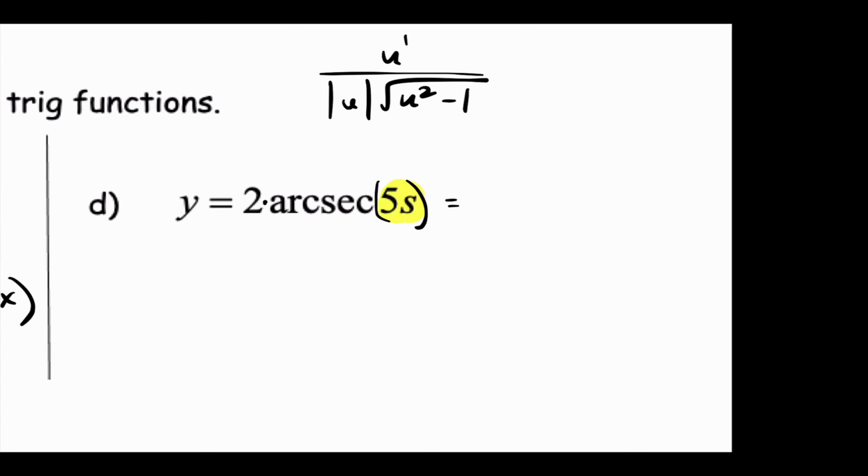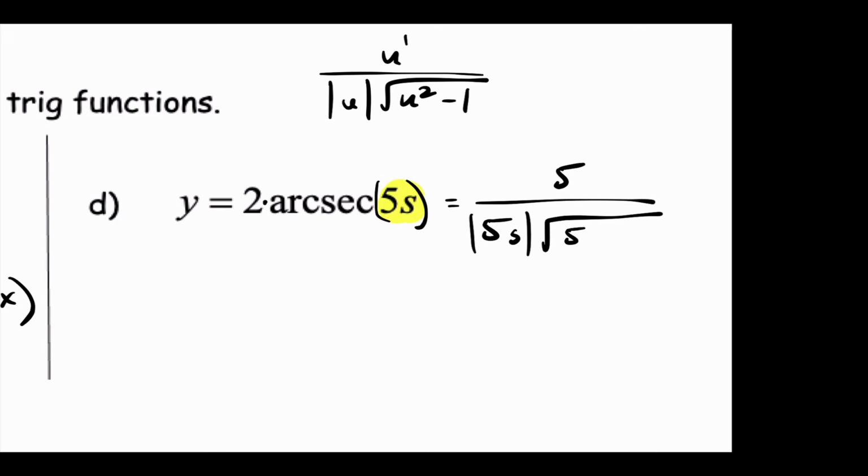So the derivative of the stuff, that's just 5. On the bottom, again, if the stuff, 5x, is already positive, you don't need the absolute value bars because it's already positive. I mean, you can, it doesn't hurt, but if it's already positive, you don't need them. Okay?